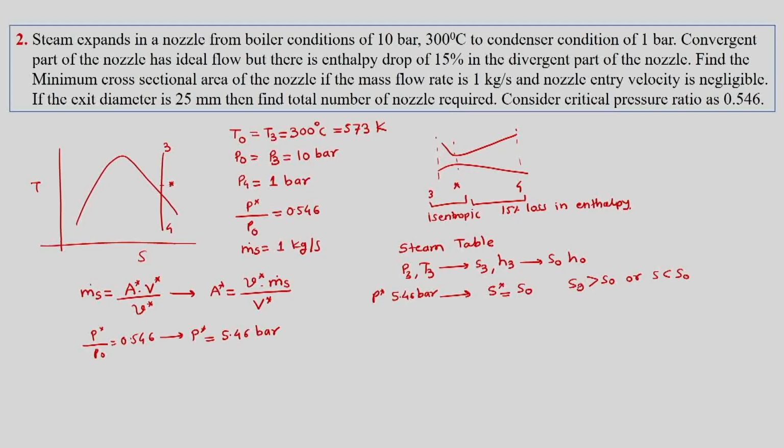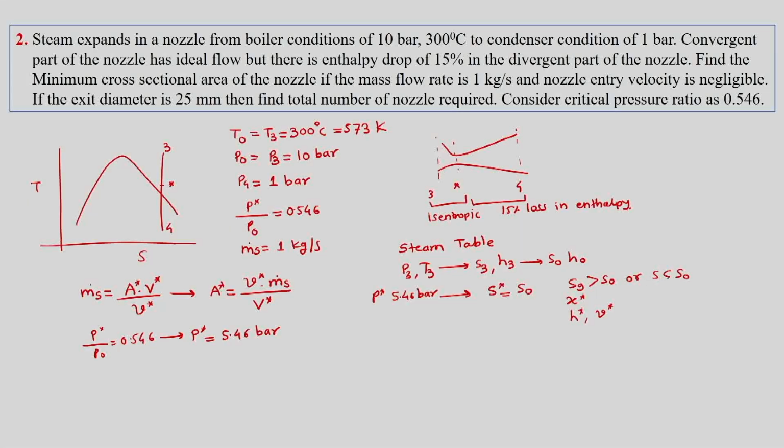So, if Sg is less than S naught, then we will find out X star, and if this is not there, then we do not have to worry. Knowing the X star, we can find out H star, and we can also find out specific volume.